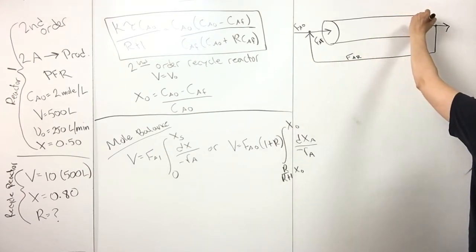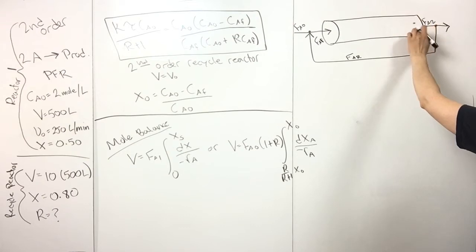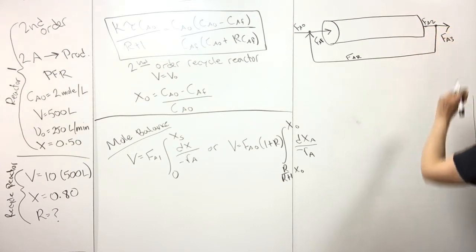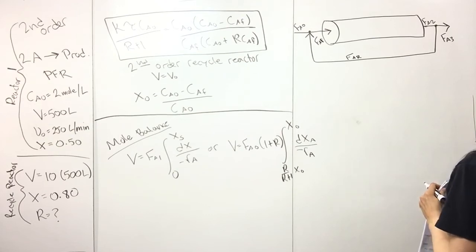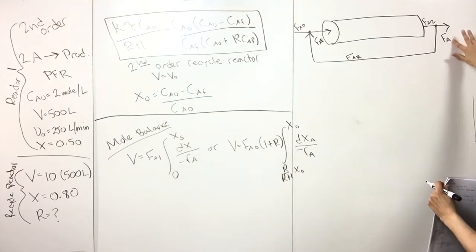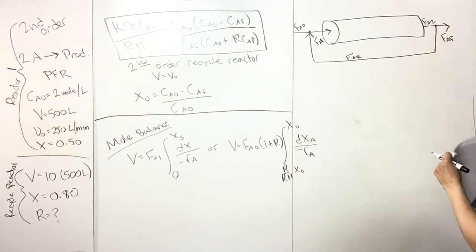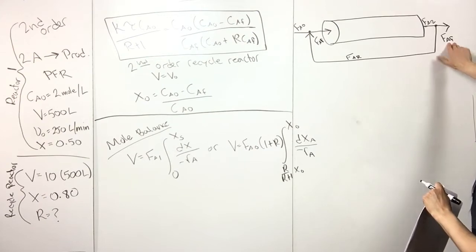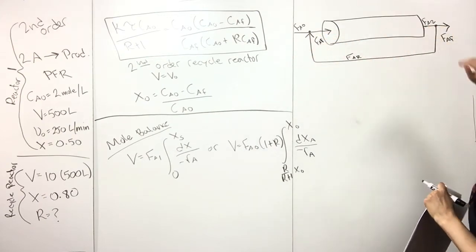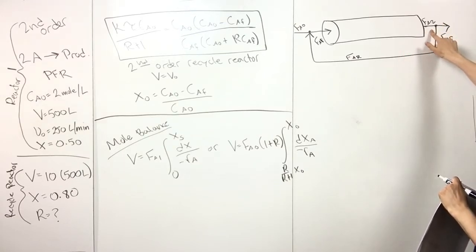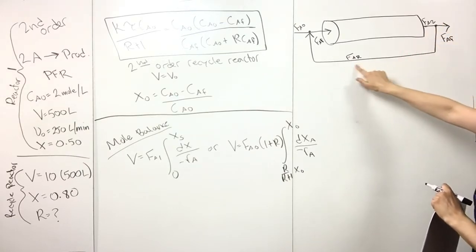Then you have a stream over here, say that's FA2 coming out of the reactor, and then FA3 is, just to stay with his nomenclature, I'll call this FA final, FAF, because he has CA final. So this FA2 is equal to FAF plus FAR.